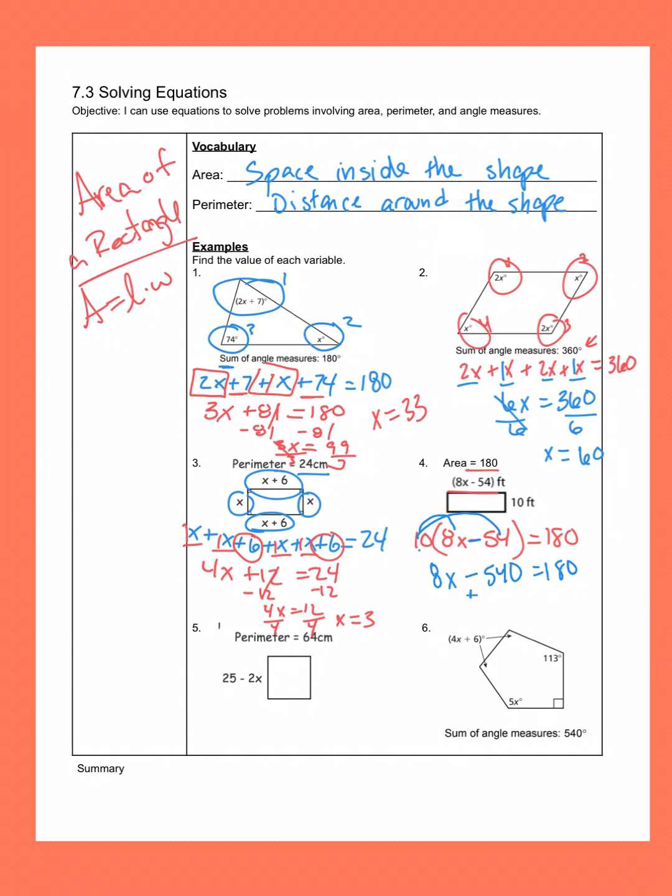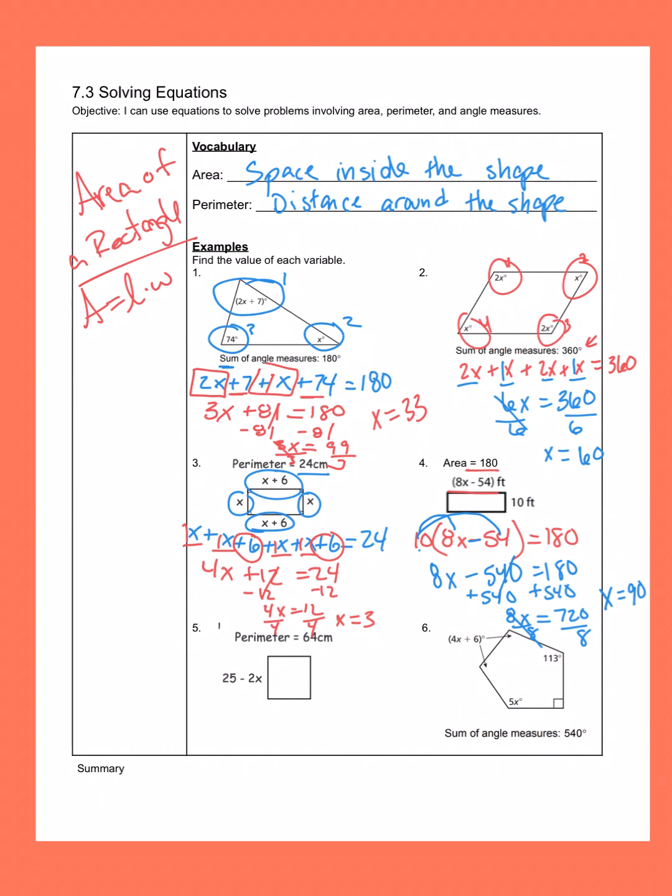So I'm going to add 540 to both sides. 8x is equal to 180 plus 540. That gives me 720. And then I'm going to divide both sides by 8. And I find that the x has to equal 90. 720 divided by 8 is 90.